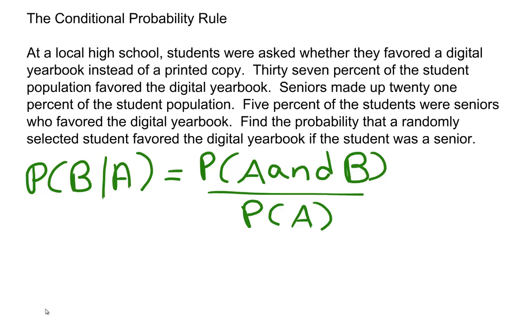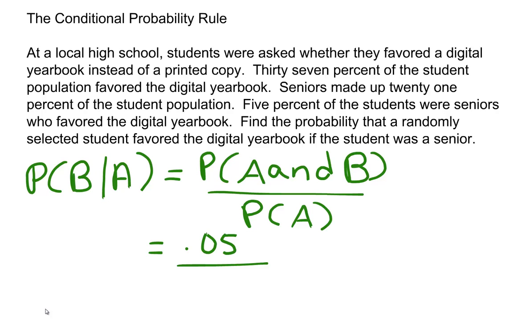Applying this formula is a lot less complicated than it looks. The formula states the probability of B given A equals the probability of A and B divided by the probability of A. If the probability of A is being a senior and the probability of B is favoring the digital yearbook, the probability of A and B, in other words, being a senior and favoring the digital yearbook, is 5%, 0.05.